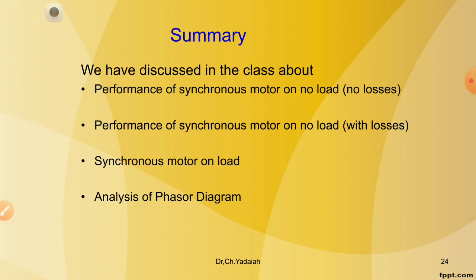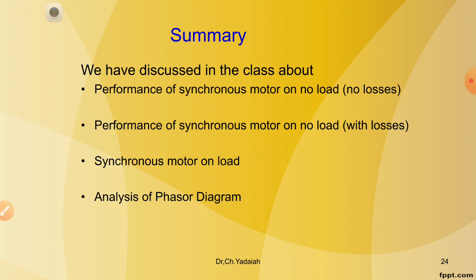These are the topics we have covered in this class. The continuation of this we will see in the next class. So what we have discussed in this class is the basic performance. We have discussed the performance of the synchronous motor on no load considering ideal conditions, no losses taking place in the motor while the motor is running.